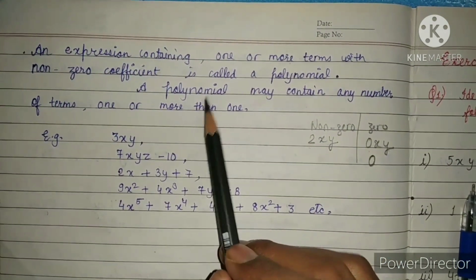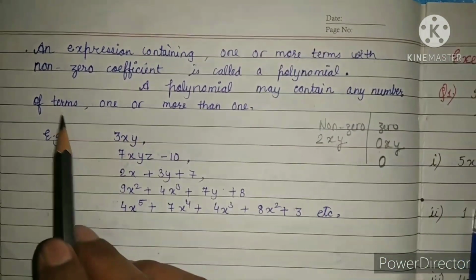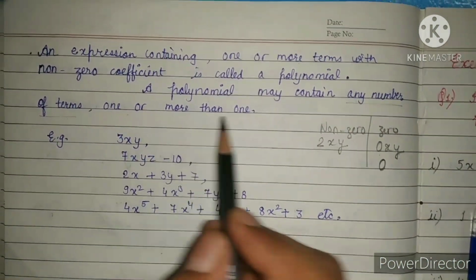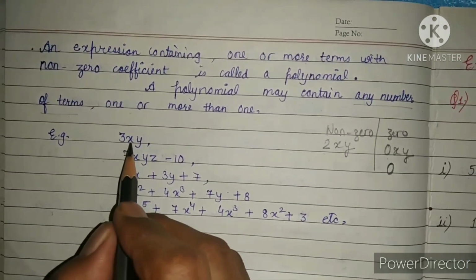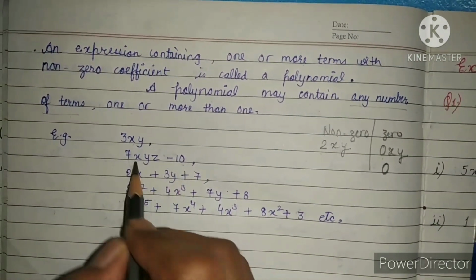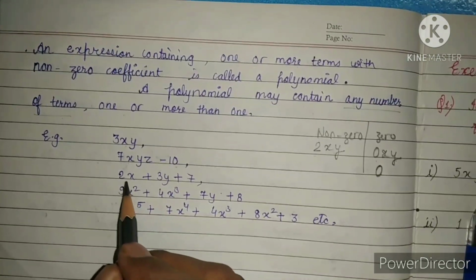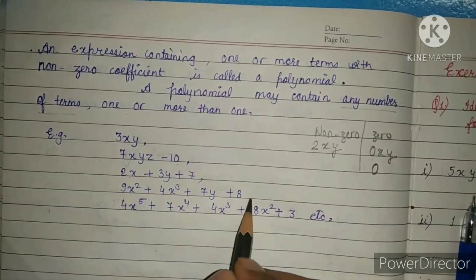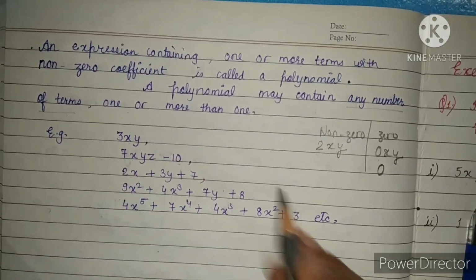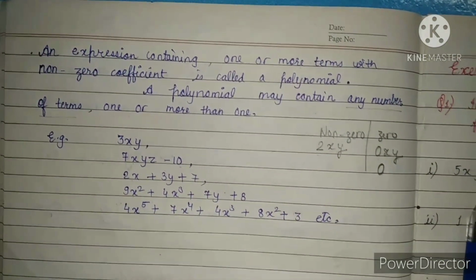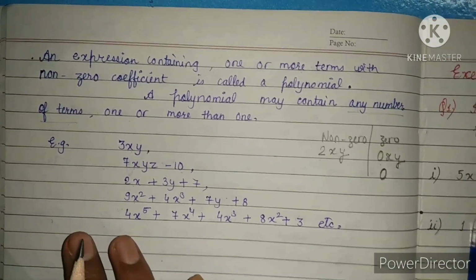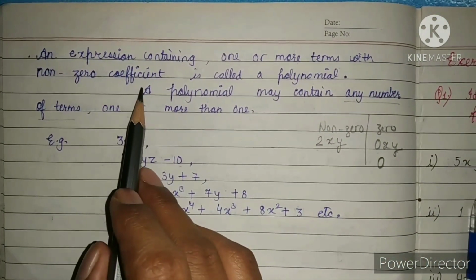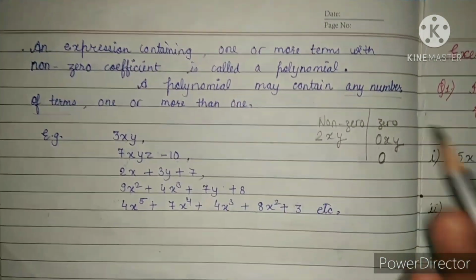A polynomial may contain any number of terms, one or more than one. Here we have 1 term, in the second one 2 terms, in the third one 3 terms, and in the fourth one 4 terms. All together they are called polynomials. One more condition I explained: one or more terms with non-zero coefficient is called a polynomial.